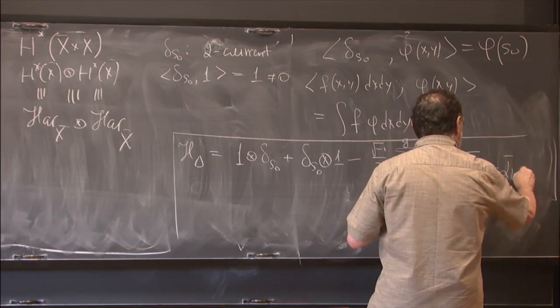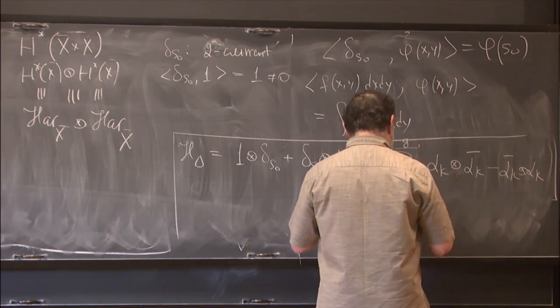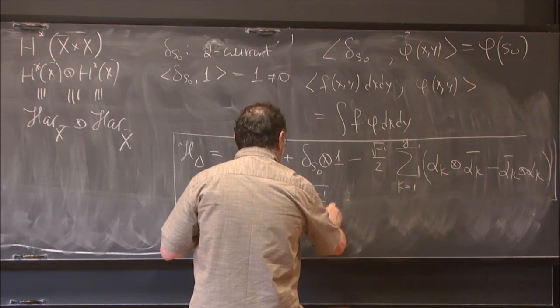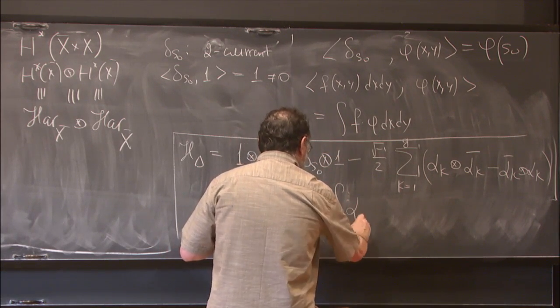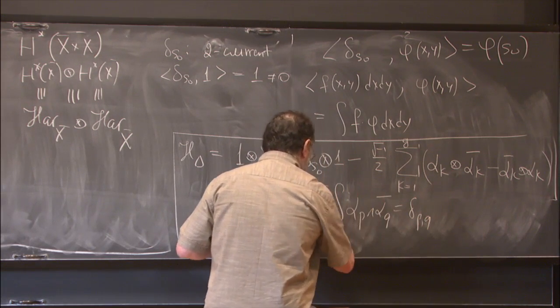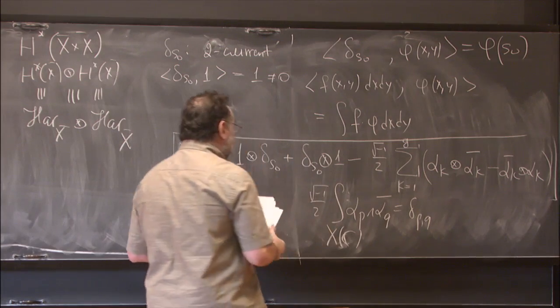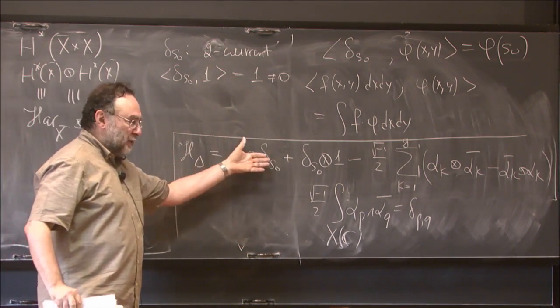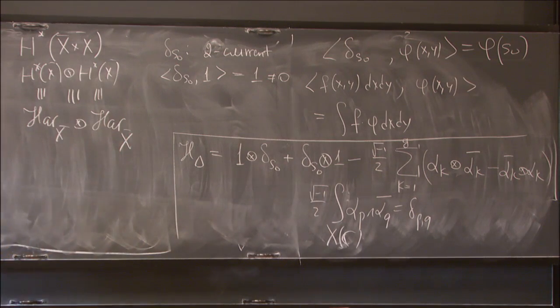These alphas are normalized in such a way that the integral of alpha p wedge alpha q bar is delta pq over this curve. So this is concrete: I just wrote down what I said in a basis, so to speak. All right.